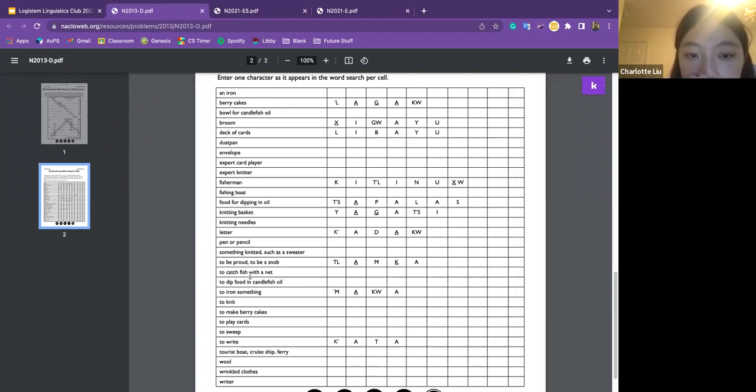You're going to notice that a lot of these words are similar. For example, we have a knitting basket, the knitting needles, to knit, something knitted such as a sweater, expert knitter. So all of these are going to be related somehow in their spelling.